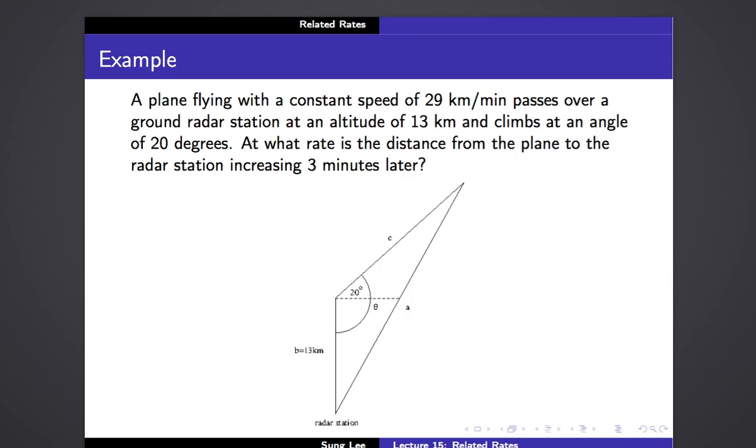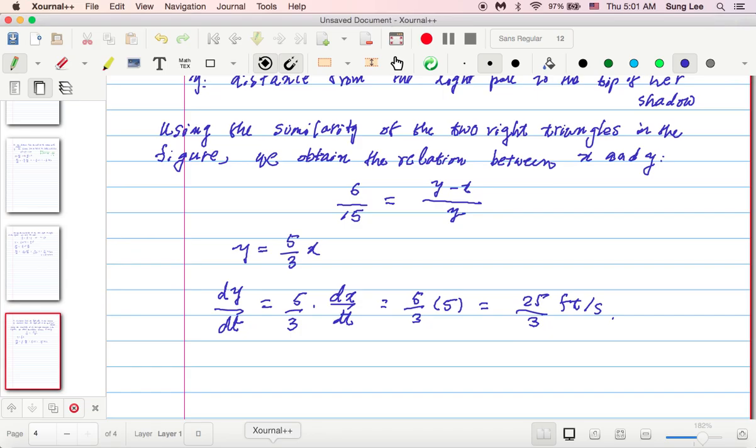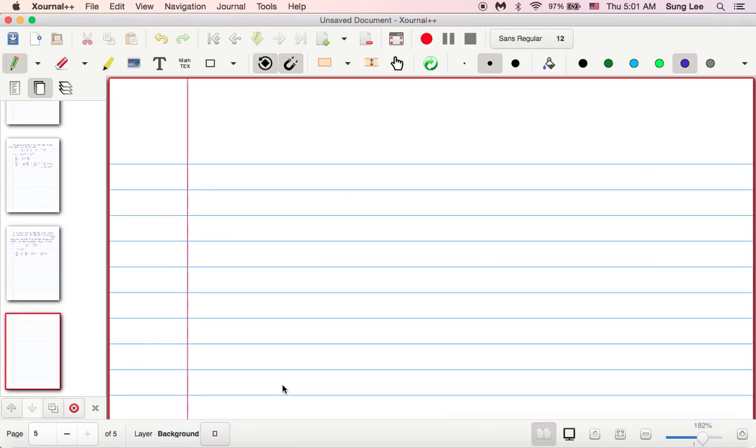Having said all this, now we are ready to work on this question. So let's get to my notepad. Before we go further, what we have is a triangle like that.